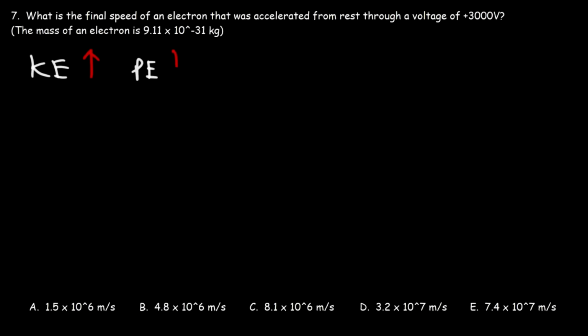When one goes up, the other goes down. So it turns out that the positive change in kinetic energy is equal to the negative change in potential energy. So let's say if the electron gains 8,000 joules of kinetic energy, it's going to lose 8,000 joules of potential energy.